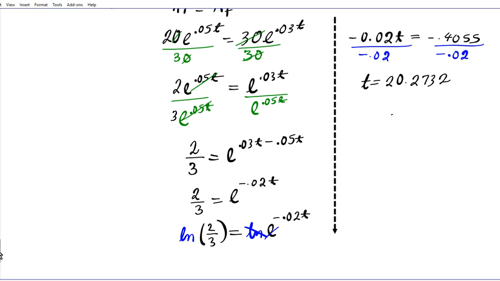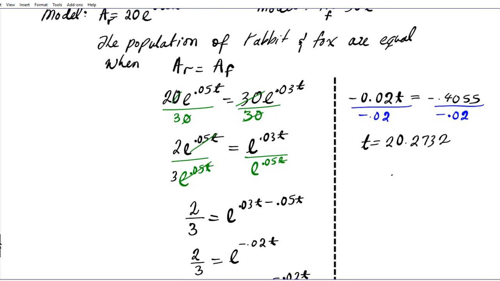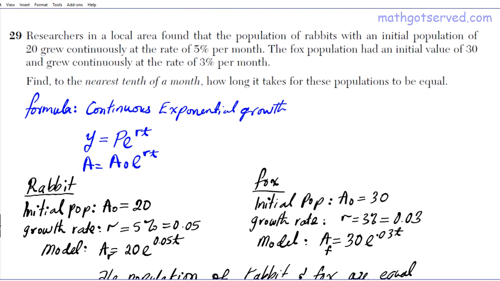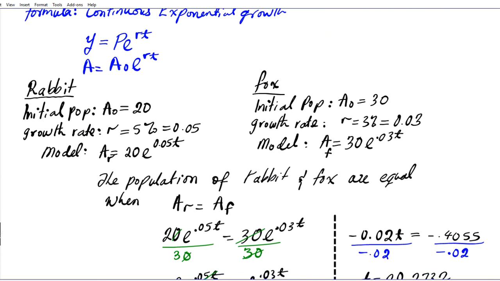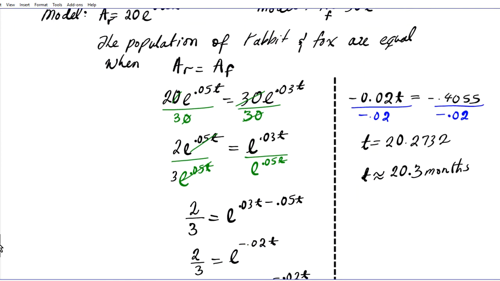Let's see how many decimal places. To the nearest tenth, so 1 decimal place. If we round this to the nearest tenth, t is approximately 20.3, and the unit for time is months. Now let's contextualize our answer within the scenario.